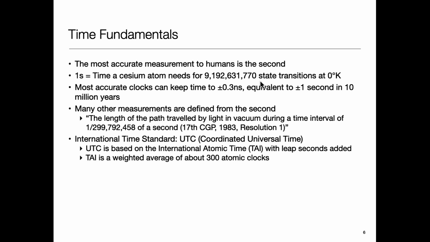So basically things are in safe hands. Part of it is that a lot of this stuff has immense military use, so it's taken with appropriate seriousness. UTC, as I mentioned, is a weighted sum of, okay, I was wrong with that, 300 atomic clocks.